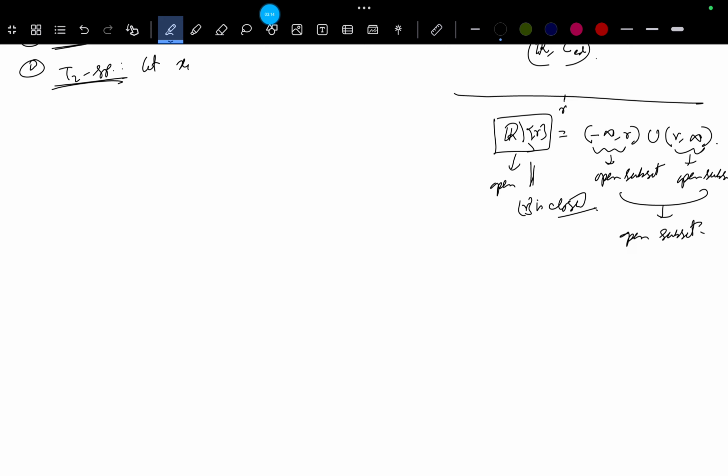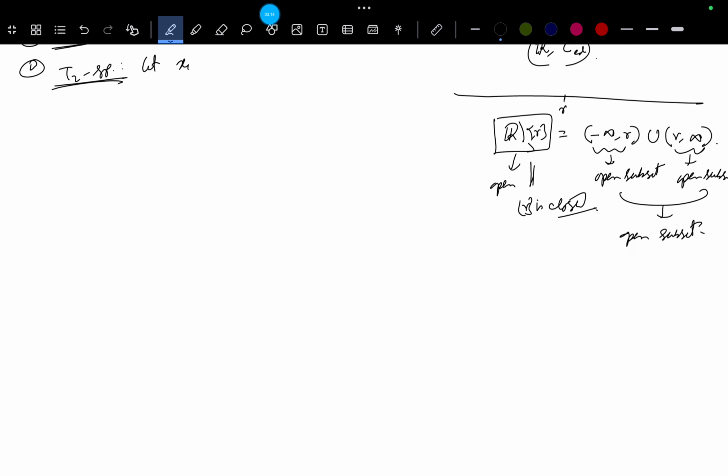Of course x1 is not x2. So any two distinct points can be separated with disjoint open neighborhoods.